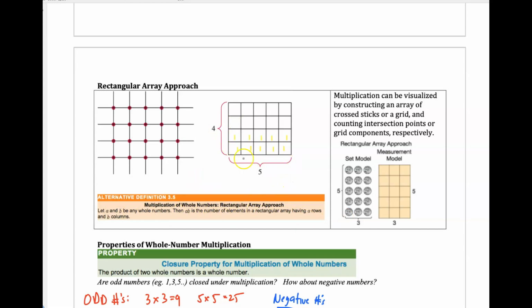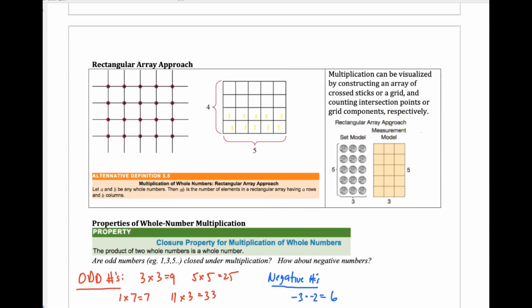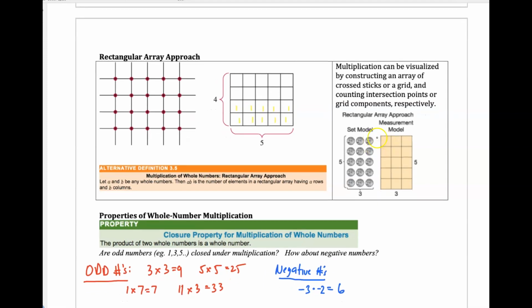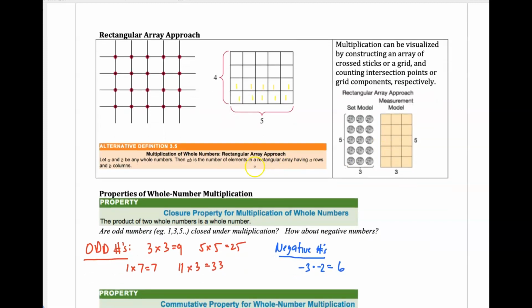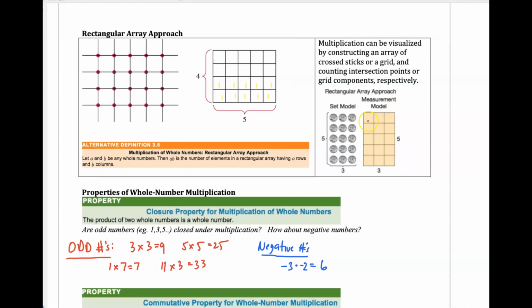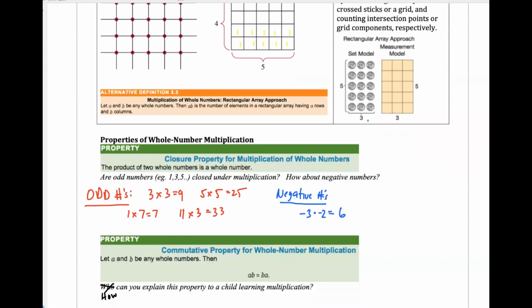So 4 times 5 is how you count how many you have. You have 20. You could also draw it this way. Multiplication can be visualized, and that becomes an important aspect for young children learning multiplication, in addition to repeated addition. So multiplication can be represented that way.